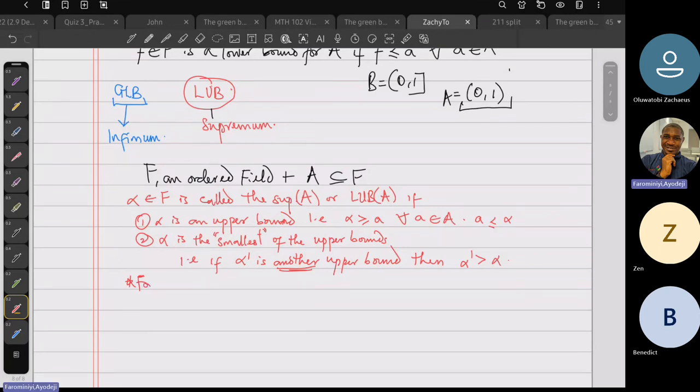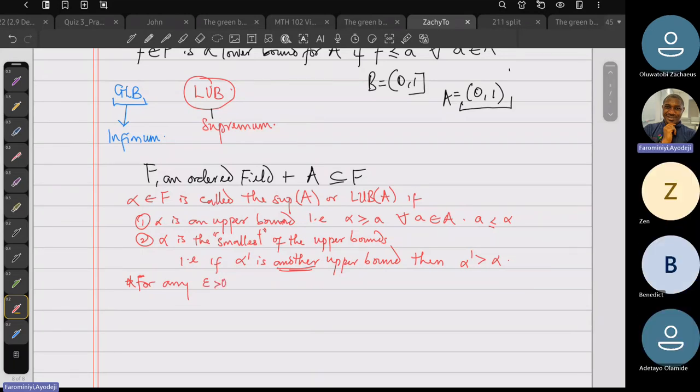For any epsilon greater than 0, no matter how small, even if it is 0.0000001, for any epsilon greater than 0, there exists A in A such that A is greater than alpha minus epsilon. Do you understand that characterization?